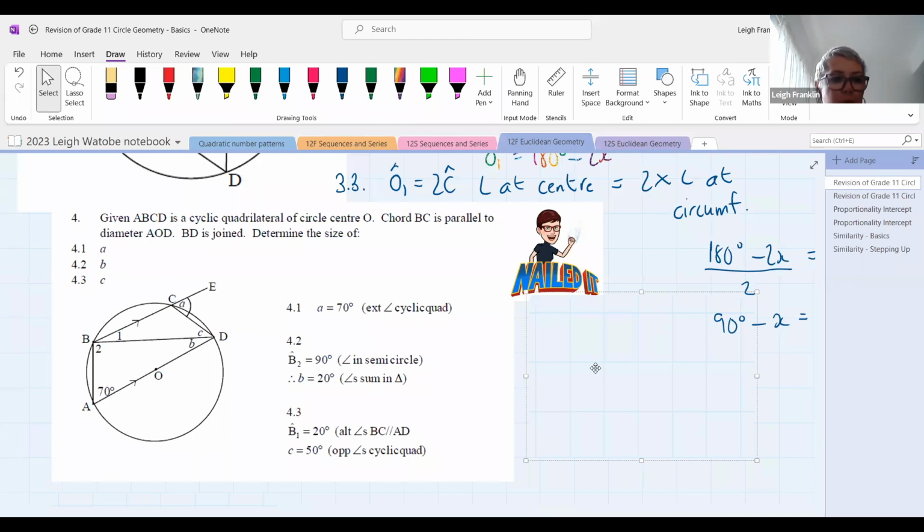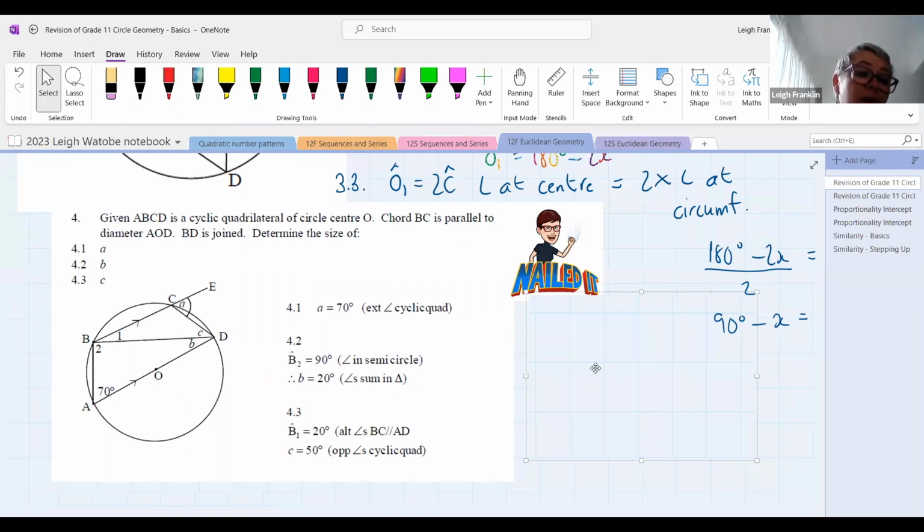In 4.2, in B, you were supposed to get B is 20, but you first had to say that B2 is equal to 90 because of an angle in a semicircle. And then in 4.3, you would have worked out that B1 was 20 because of alternate angles, and you could have worked out that C was 50, opposite angles of a cyclic quad.